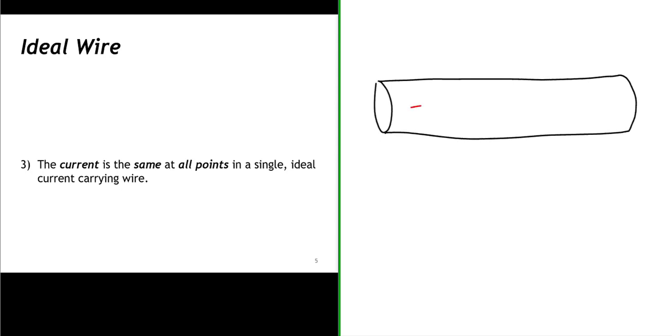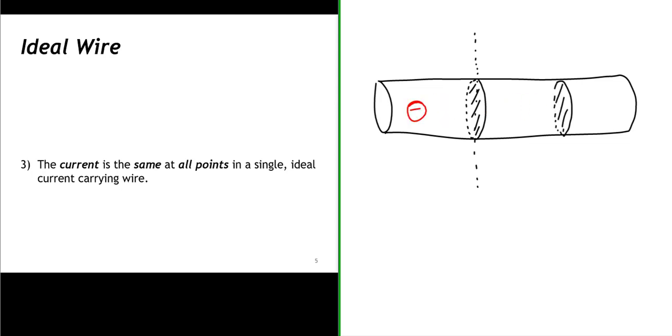And let's say we're looking at the charges flowing through this ideal wire. We want to measure the current at a particular point in this ideal wire. So we'll measure the current as these charges cross this cross section of the wire. So the thing about ideal wires is the rate at which current is flowing is the same at all points.